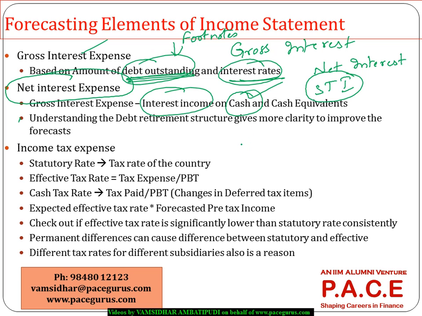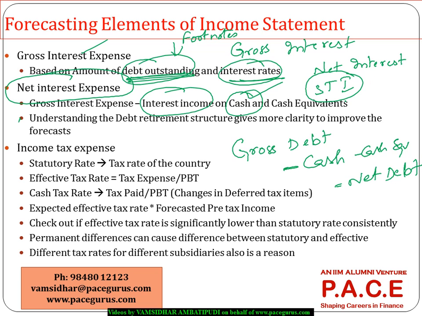Even as a definition, when we talk about gross debt, it is the total debt that is outstanding. But if I subtract the cash and cash equivalents from it, then that is what I am calling net debt, because I could have used that cash to pay back some part of the debt. So that is why I call it net debt. But yes, when I am trying to look at net interest expense, it is gross interest expense minus whatever is the interest income that is coming on the cash as well as the cash equivalents that I am holding.